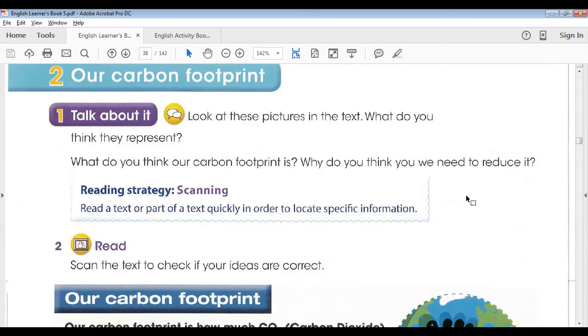After that, we discussed one more opening question: what do you think our carbon footprint is? After going through the vocabulary words, some of the students got an idea what a carbon footprint is. They discussed that the amount of carbon dioxide released by an individual is called carbon footprint.